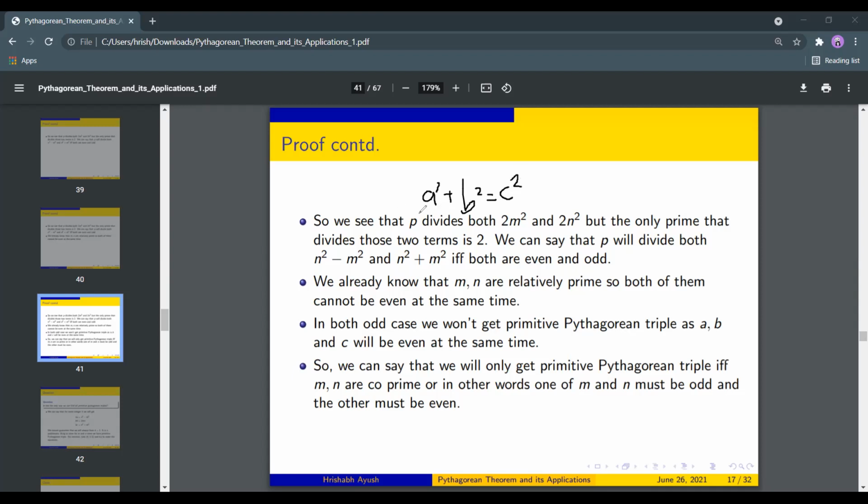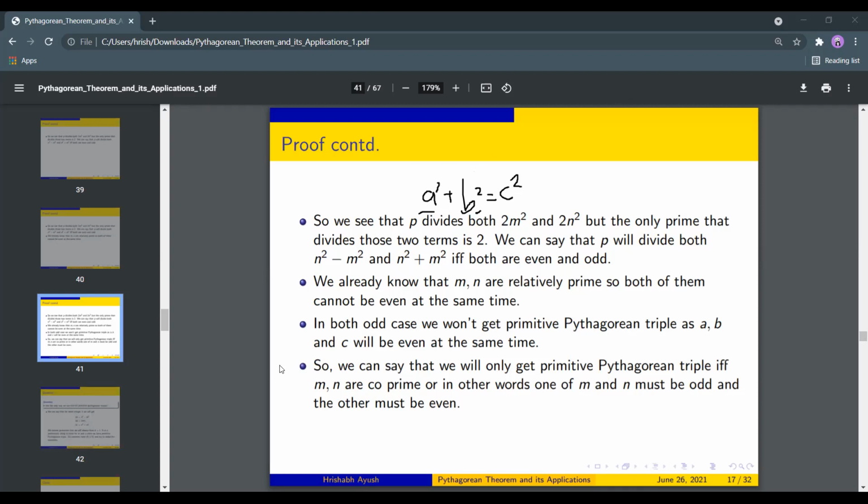So they both need to be even or they both need to be odd at the same time. So c square would also have the same factor as a and b, right? So in that case, the GCD won't be 1. Yes. Okay, so that should make sense.